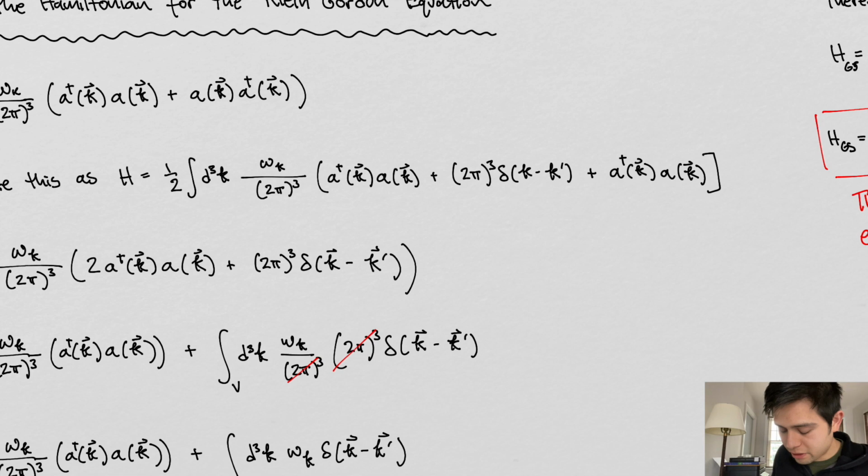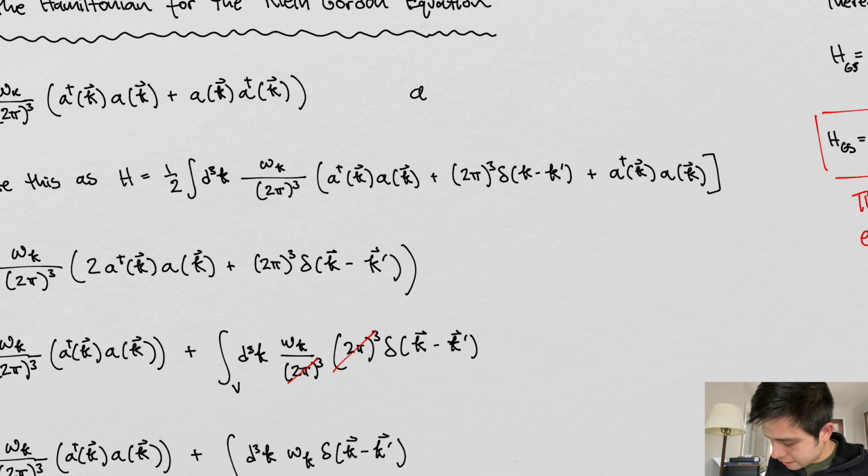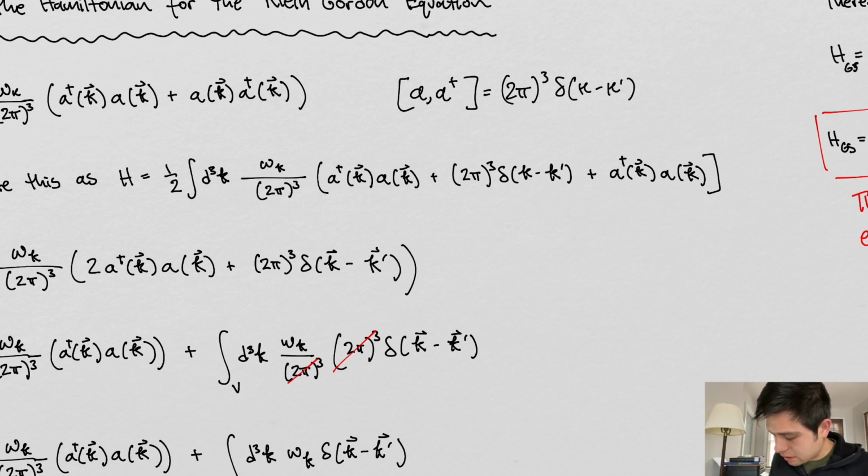Because if we recall, I'll write it down here. If we recall, the commutator of a and a dagger equaled (2 pi) cubed times the delta function, like this, and these two guys were functions of k and k prime, right?